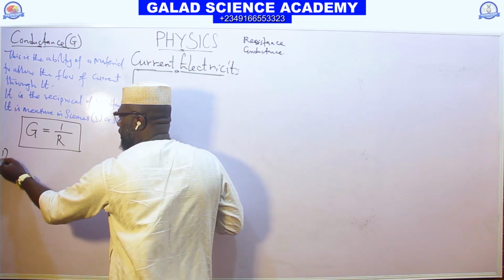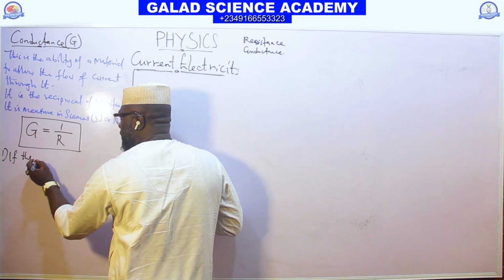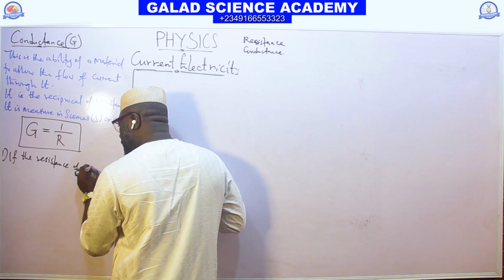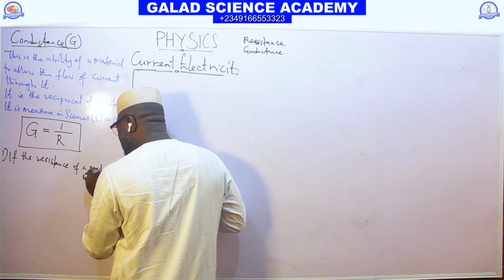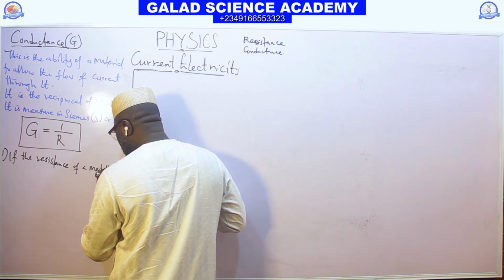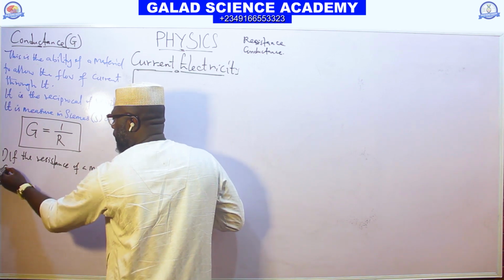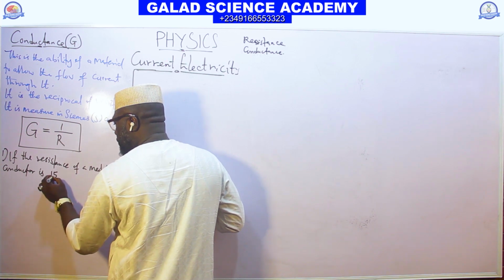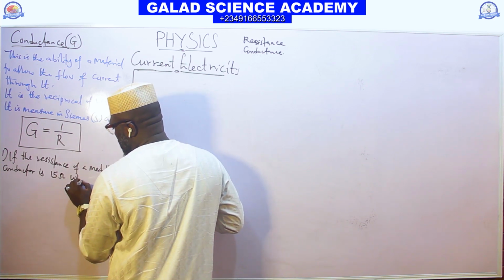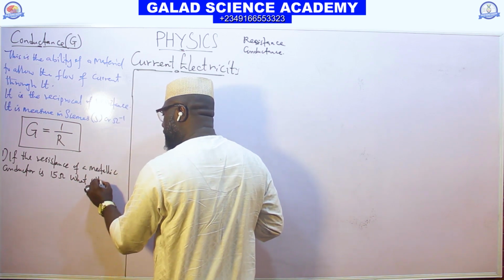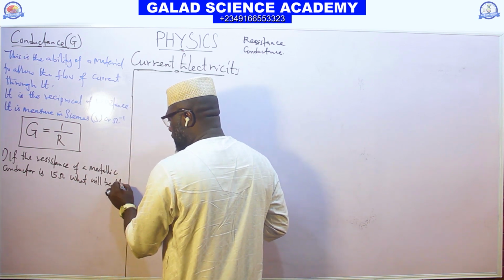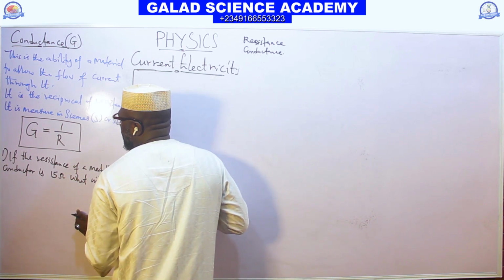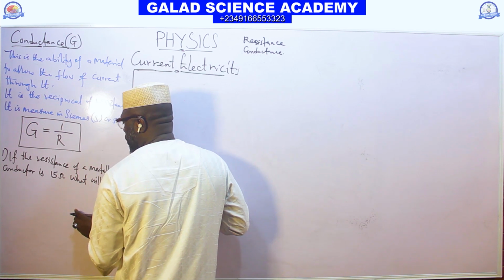Question 1. If the resistance of a metallic conductor is 15 ohms, what will be its conductance?